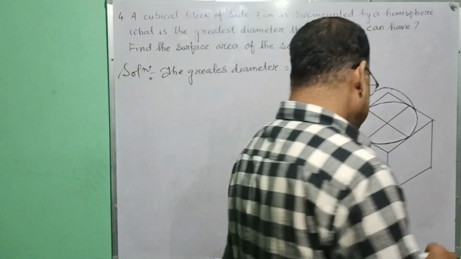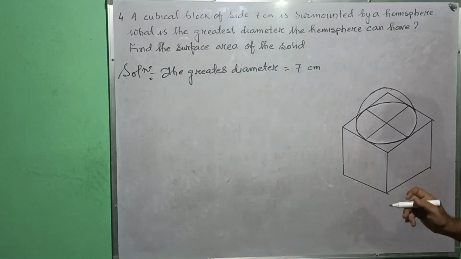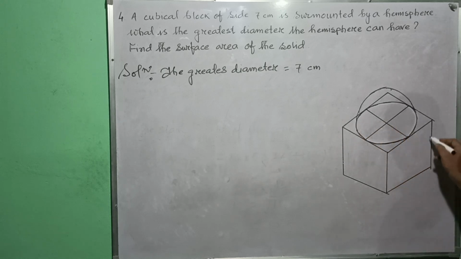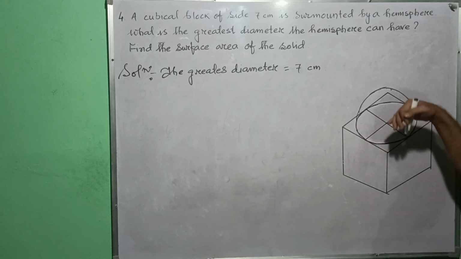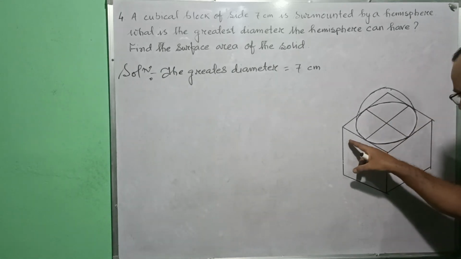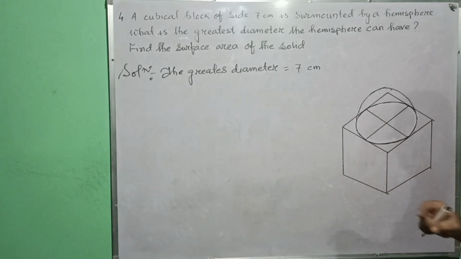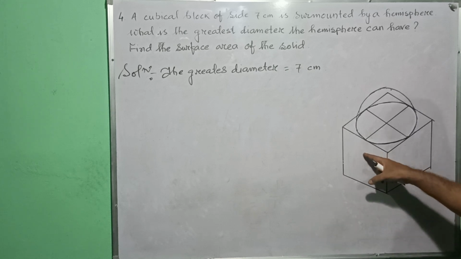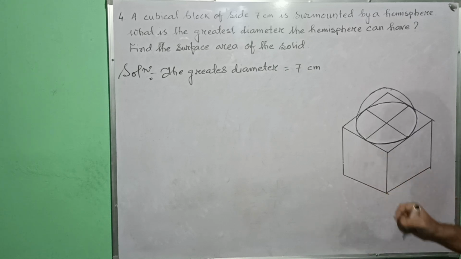Now we have to clarify the figure first. So it is a cube, and the hemisphere is surmounted. So first we think about the cube. What is the surface area of a cube? We know that a cube has 6 faces and all the faces are equal, and if the side is L, then the total surface area is 6L square.